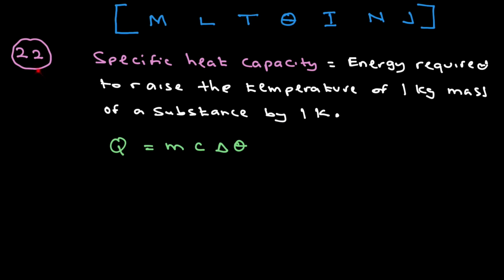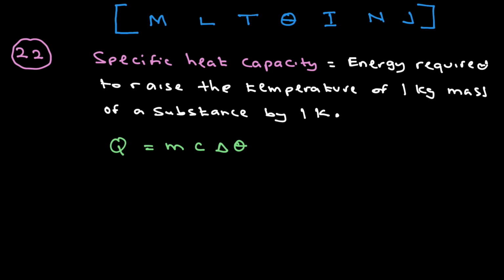22. Specific heat capacity is the energy required to raise the temperature of 1 kilogram mass of a substance by 1 Kelvin. And Q, the energy, equals the mass of the substance times the specific heat capacity, which is C, times change in temperature.